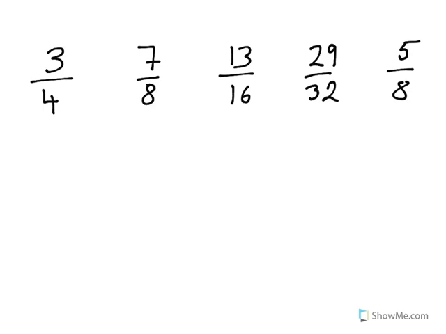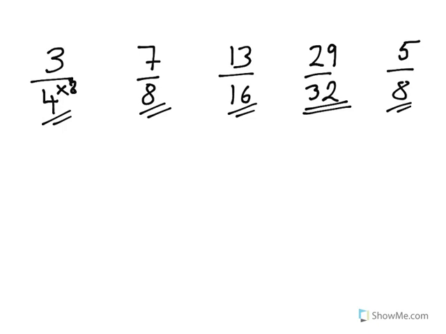Okay, another way of comparing these fractions in sizeways is to notice that all of the numbers down here, 4, 8, 16, and 8, are all factors of 32. So we could actually simply convert all of these fractions into 32 at the bottom. So how would we get from 4 to 32? We would multiply by 8.